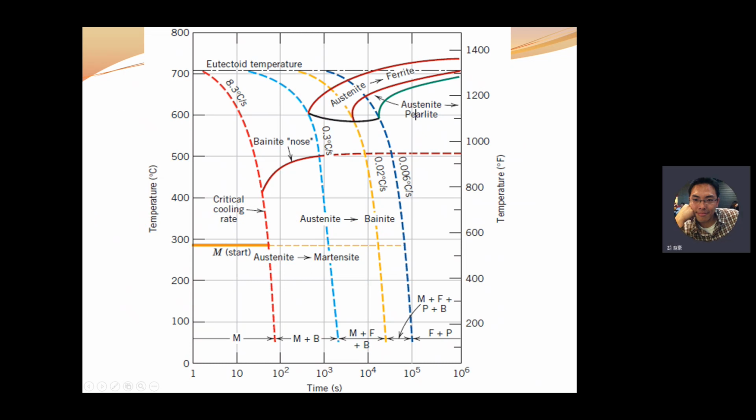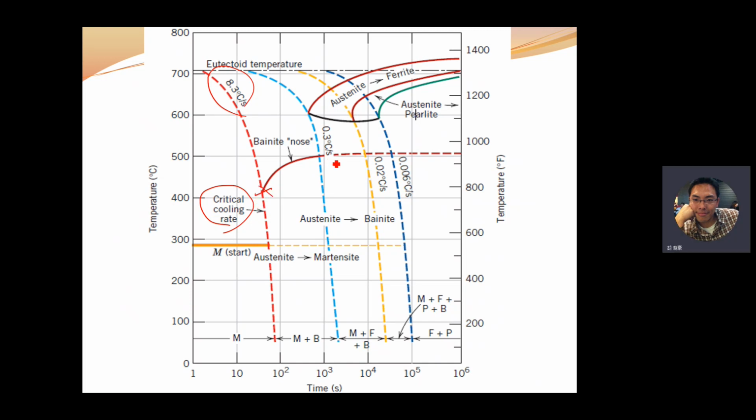So this shows the same idea for the continuous cooling rate. For example, if the cooling rate is very, very slow, 8.3 Celsius per second, it will reach the bainite nose.